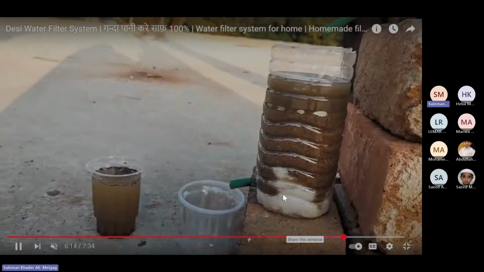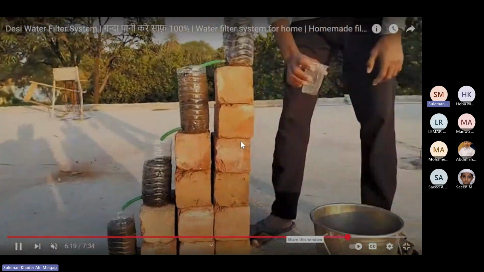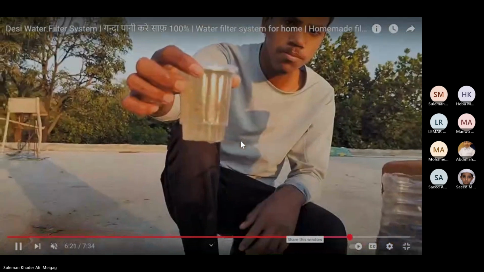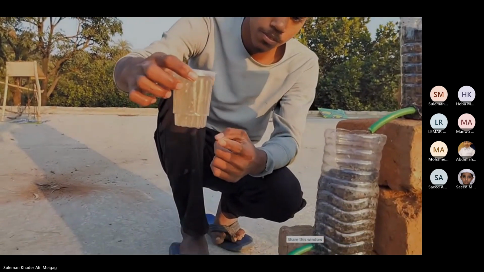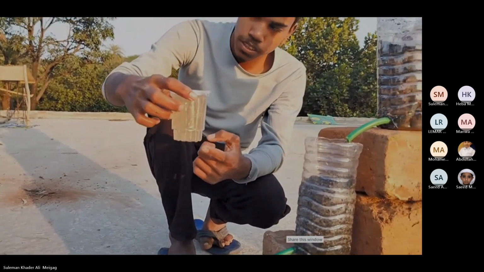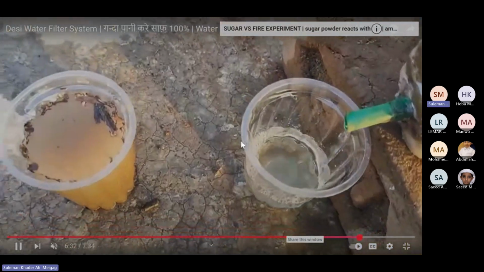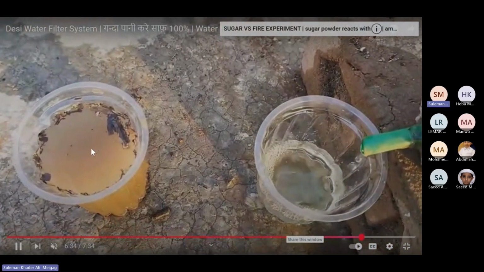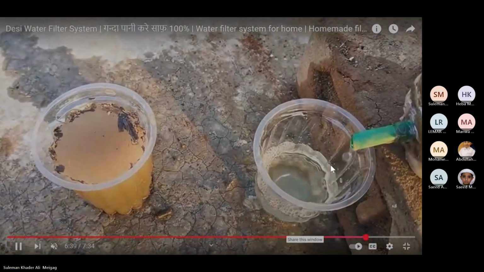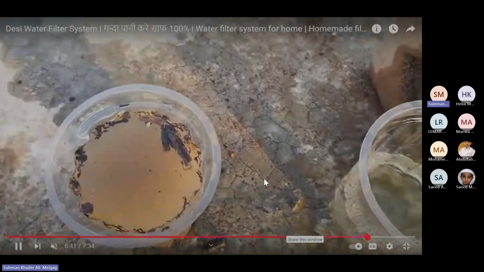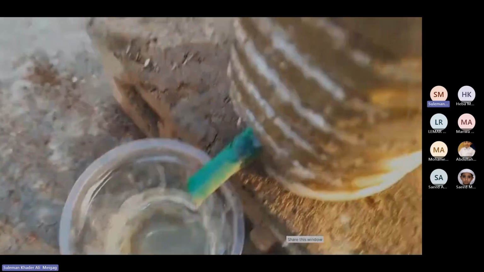Yes, and in the bottom you see cotton. Then the water comes out. See, look, before it was not clean, this is clean water. See? This is just one example of what you can do.